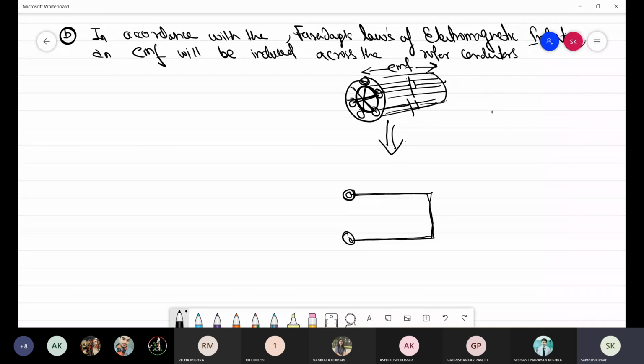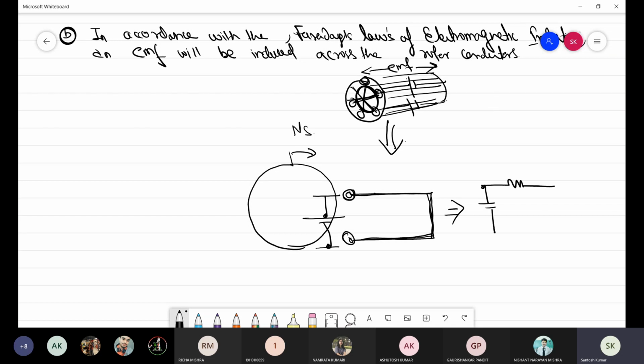Now, by the action of rotating magnetic field, which is rotating at NS, an EMF is induced across this rotor conductor. So let's suppose that this is the EMF, and this is the rotor conductors. So a circuit of this nature will be formed.